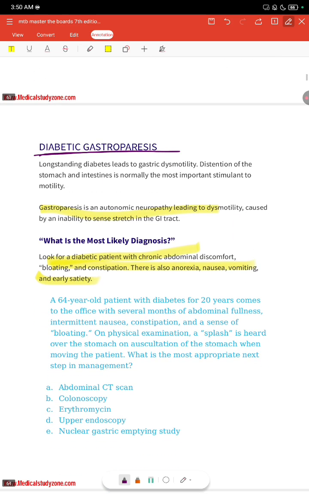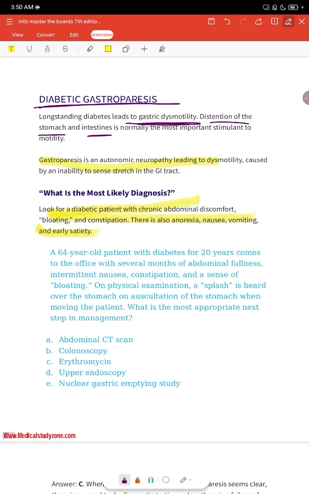Diabetic gastroparesis. Long-standing diabetes leads to gastric dysmotility. Distension of the stomach and intestines is normally the most important stimulant to motility. Gastroparesis is an autonomic neuropathy leading to dysmotility.